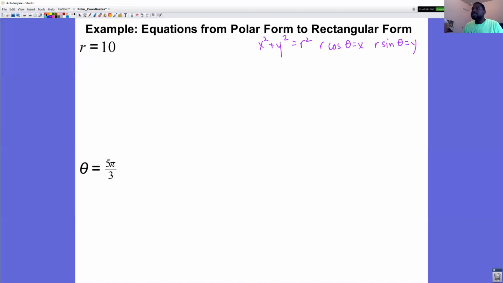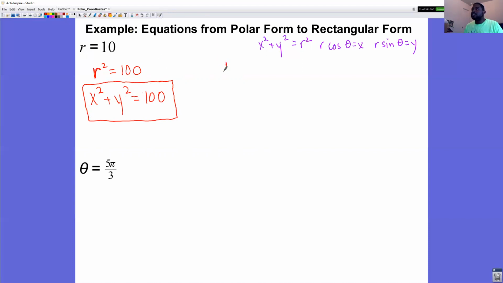So for this equation, I'm going to square both sides. So squaring both sides of the equation gives me r squared equals 100. And then I'm going to replace r squared with x squared plus y squared. So you have x squared plus y squared equals 100. So there is the rectangular equation. Now we're going to identify the graph. Well, if you look at the form, this takes the form of the equation of a circle.